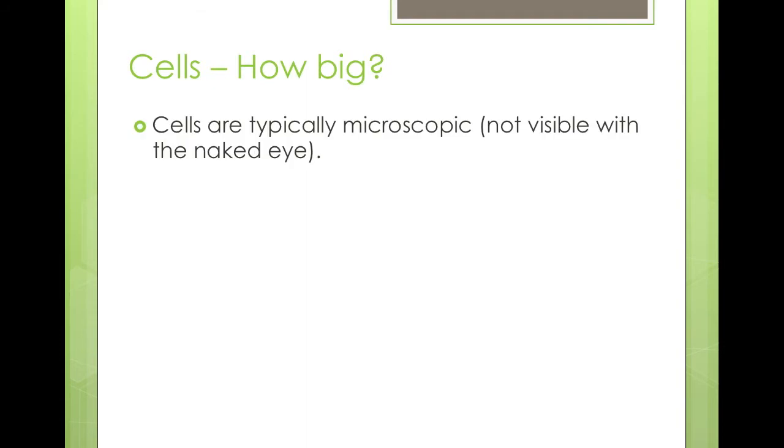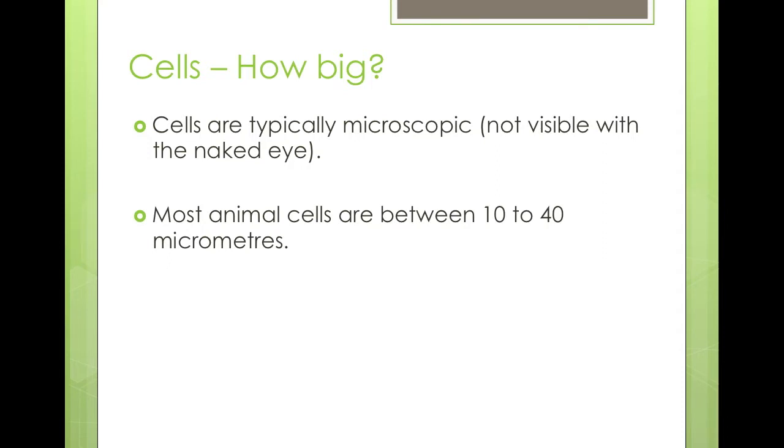Typically, cells are microscopic. They're not visible with the naked eye. That's what microscopic means. And most animal cells sit between 10 and 40 micrometers. Now, to give you a bit of a scale, micro means one in one million, so one millionth of a meter. It is 1,000 times smaller than a millimeter, which is a micrometer.